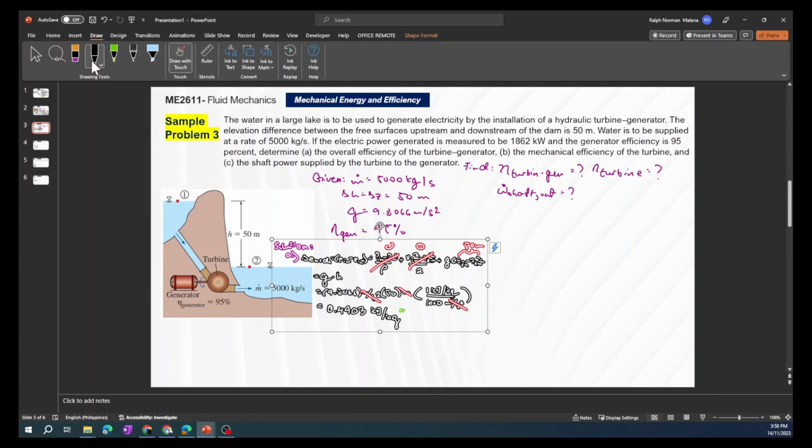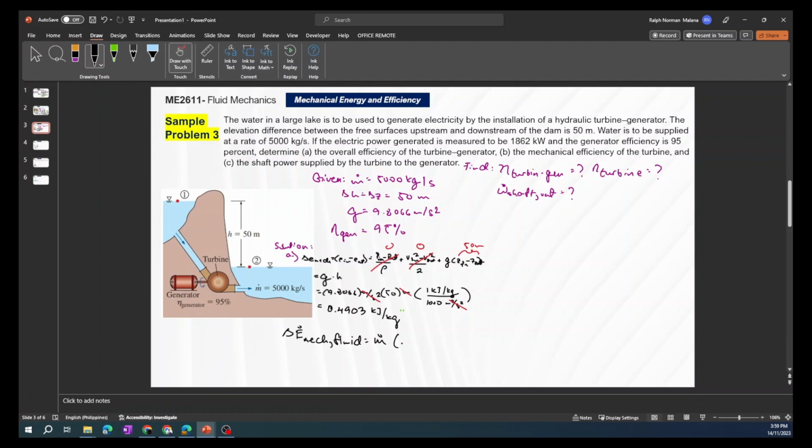The change in mechanical energy of the fluid is simply the mass flow rate times the mechanical energy in minus E mech out, which is simply, this one is already given, 5,000 kilograms per second, and this one we already found, which is 0.4903 kilojoule per kilogram.